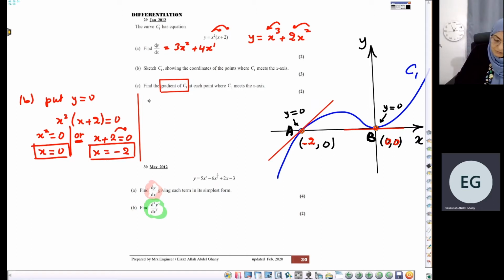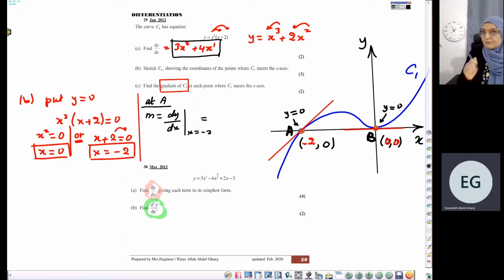Now let's start. Here at A, where x is -2, the gradient of the tangent to the curve is simply dy by dx, which we got before, at the point where x is -2. You'll simply substitute here. You need to put it in a box because you will keep searching for it.